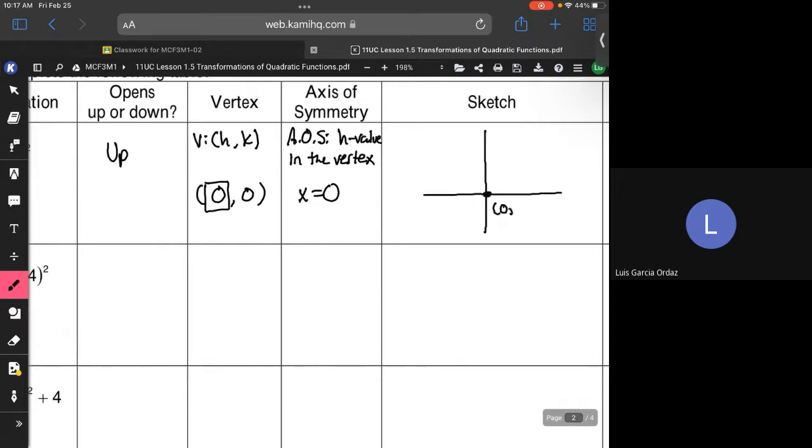And my graph will probably look something like that. If the a value is a whole number that's bigger than 1, then it's stretched. If my a value is a fraction like 1 over 2, 1 over 5, 1 over 4, then it'll be a wide and fat graph. So this one's stretched.